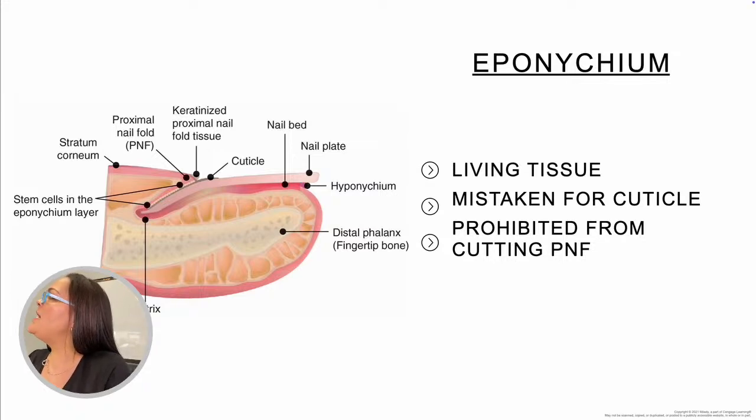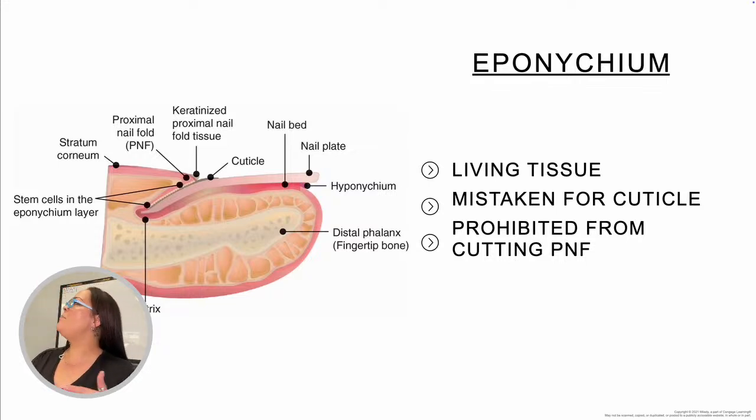So those eponychium stem cells are protected by the proximal nail fold. So if we lift that proximal nail fold up, which you guys have seen so many times on the internet, right? People just scraping up under there, cutting all that skin around. If we disrupt that, then now we're exposing living tissue, okay?